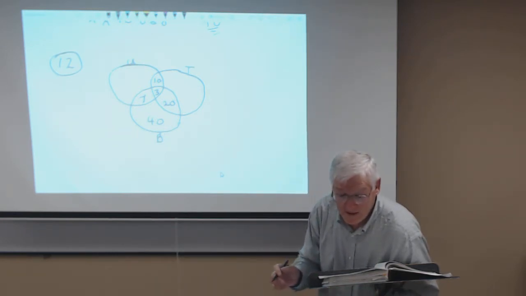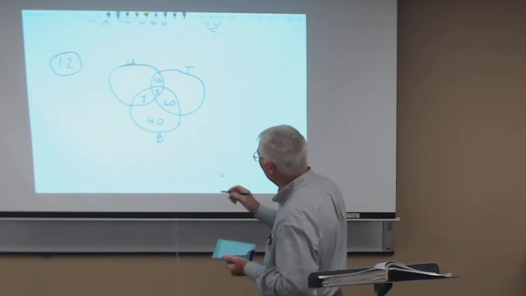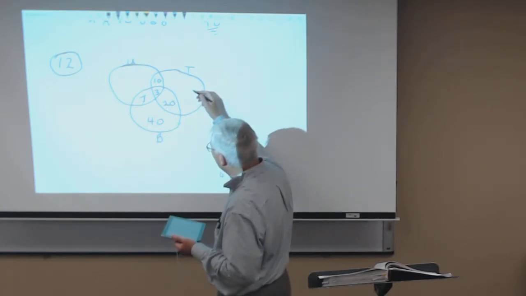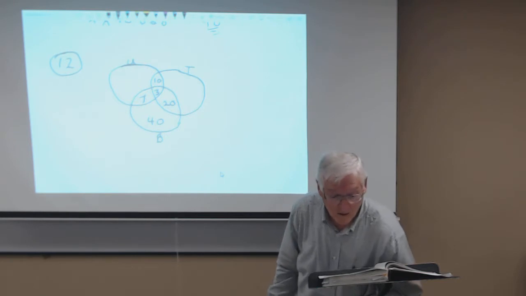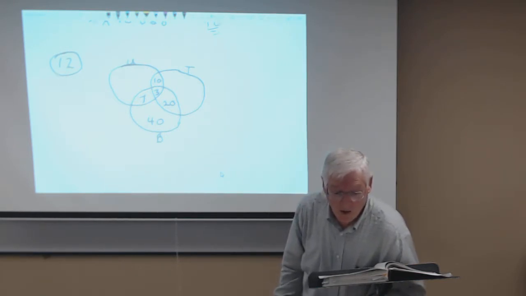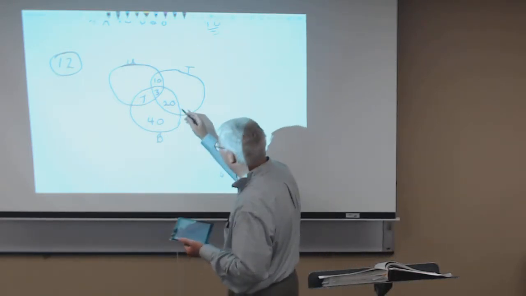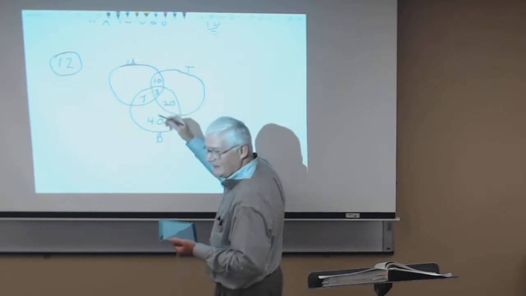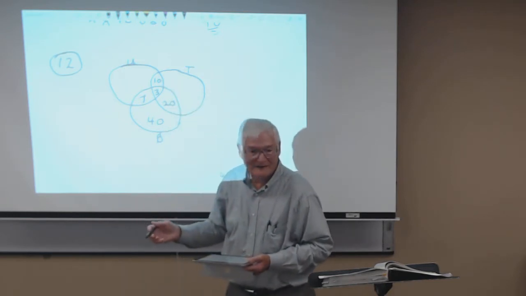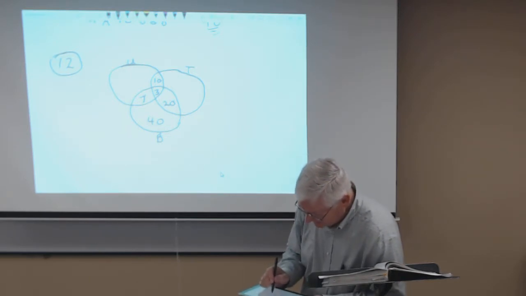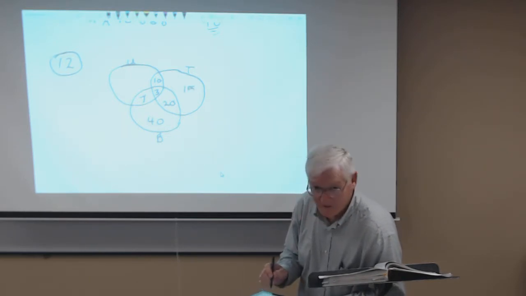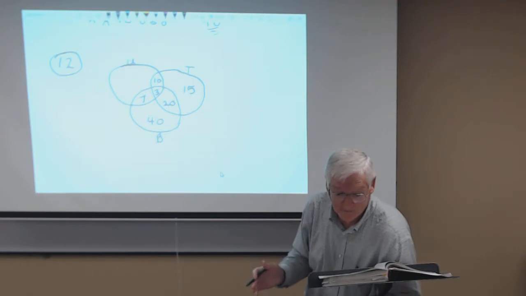Then 15 own transportation only. I thought, how could that be 15 when I've got 20 and 3 and 10? It says only 15. So I put 15 out here, right? Because they've told me it's only 15. You got to read this stuff carefully, don't you?